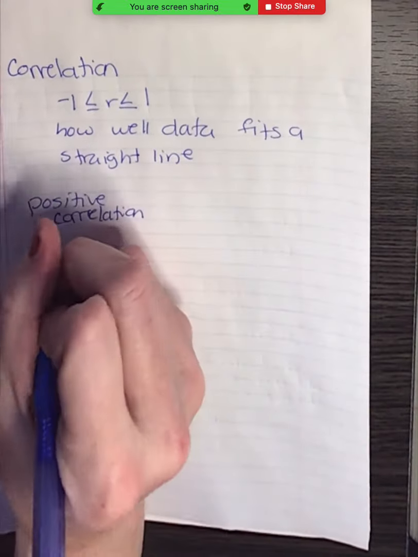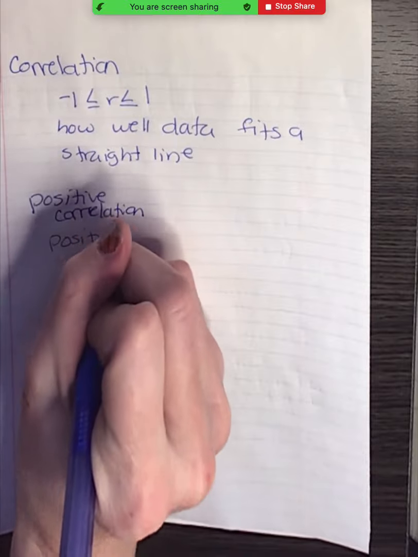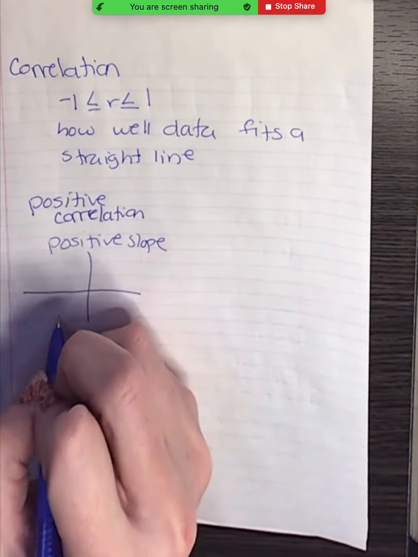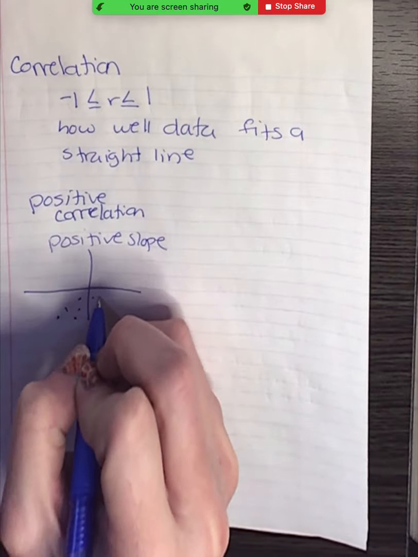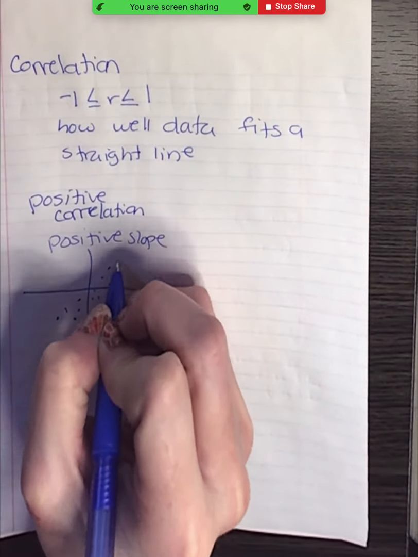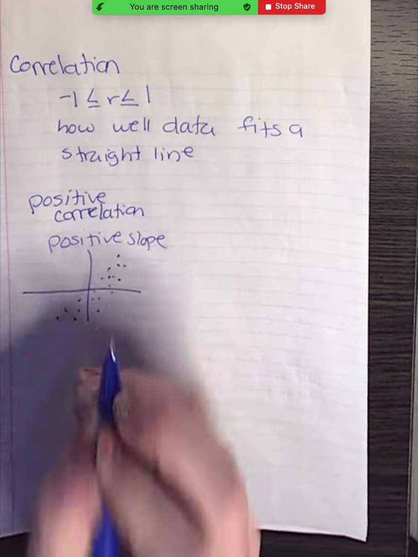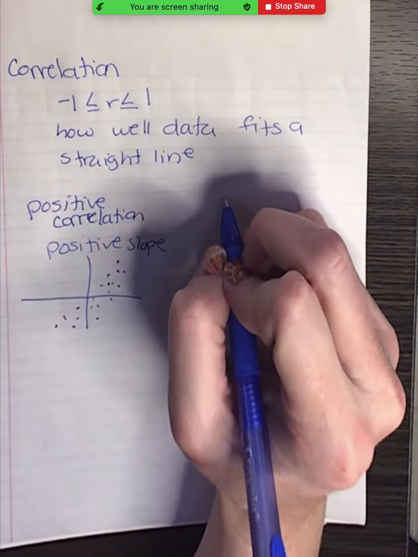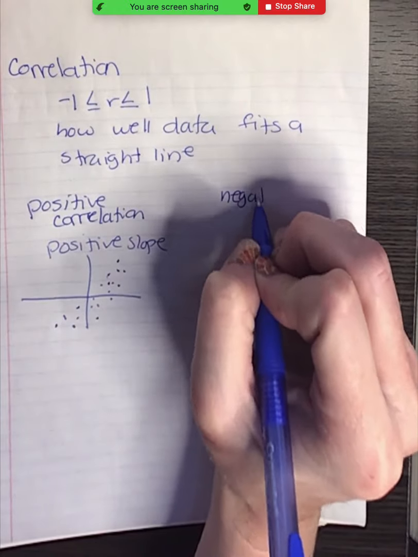and that's when they have a positive slope. So if you're looking at data points that tend to look like this, I would say this is positive correlation, because if I draw a best fit line, it's going to have a positive slope. Or you're going to say they have negative correlation.